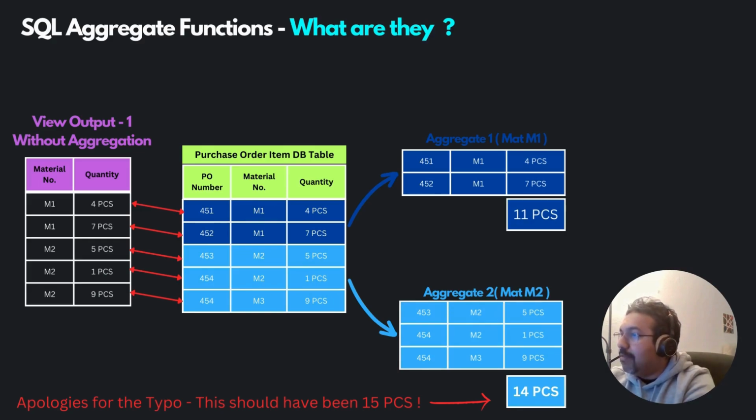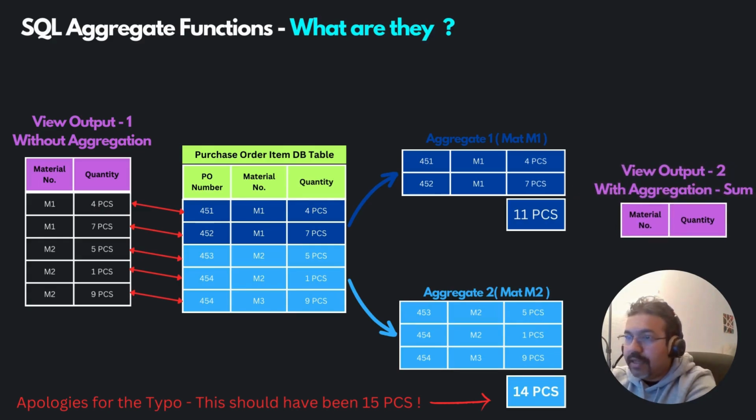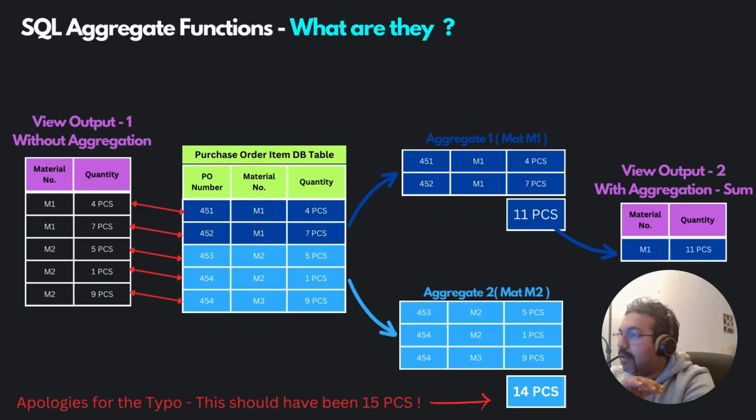So what this basically means is I want my output to look something like this. I don't want to see 2 records for the material M1 with the quantity of 4 pieces and 7 pieces. Instead, I want to aggregate that into one record. So I just want to see one record for M1. And in the quantity column, I want to see 11 pieces, which is 7 plus 4.